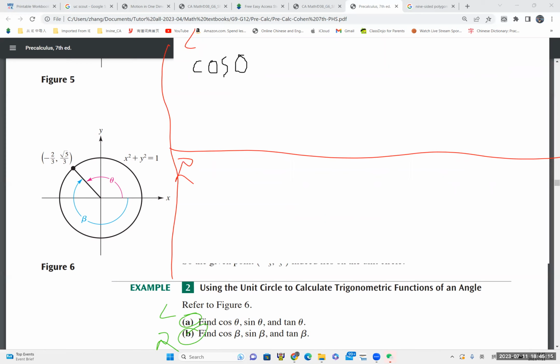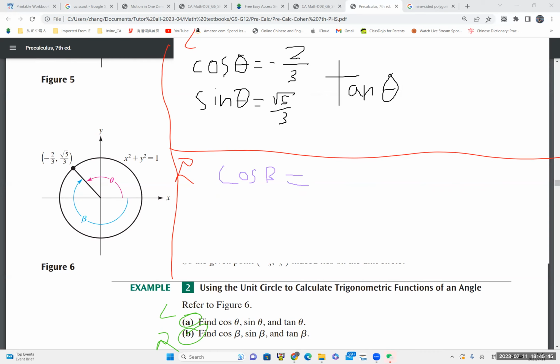Yeah, for anything you don't know, just let me know. I'll give you some hint. Cosine theta. Okay, very good.